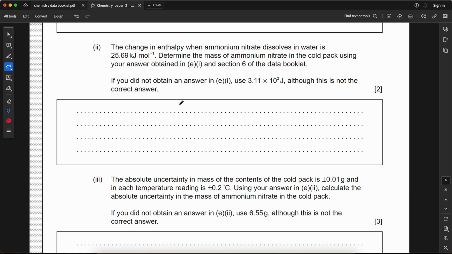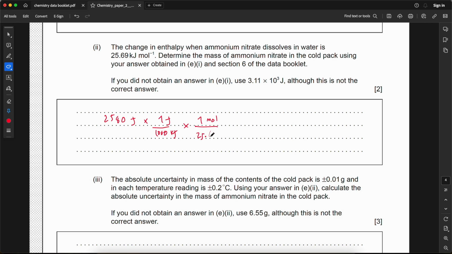The change in enthalpy when ammonium nitrate dissolves in water is 25.69 kilojoule per mole. Determine the mass of ammonium nitrate in the cold pack using your answer obtained in E1 and section 6 of the data booklet. So you just need to use a unit conversion. We get 2880 joule for heat, so we need to convert into kilojoule because the enthalpy is in kilojoule per mole.